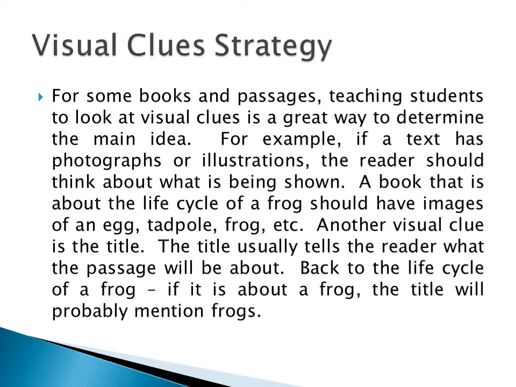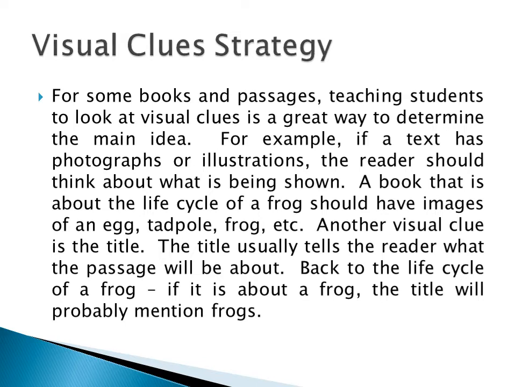There are plenty of strategies that we can use when we do reading comprehension. But today, I will give you one of them. This is the visual clues strategy. For some books and passages, teaching students to look at visual clues is a great way to determine the main idea.